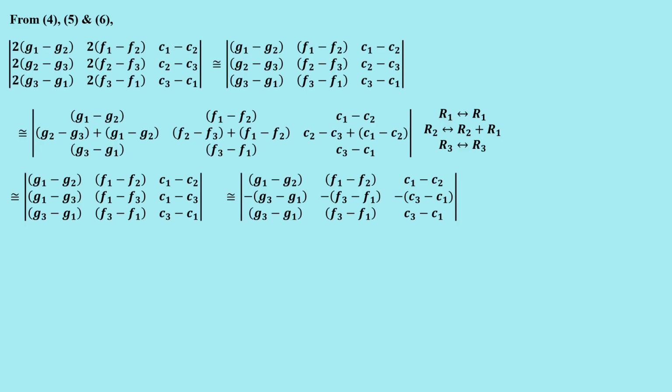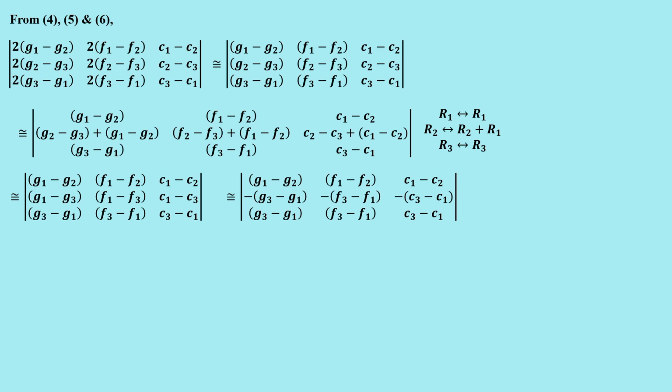The third row will be g3 minus g1, f3 minus f1, c3 minus c1. So the first row is as it is, g1 minus g2, f1 minus f2, c1 minus c2. Taking the minus outside from each term in the second row, or multiplying by minus 1, whatever it is, you will get g3 minus g1, f3 minus f1, c3 minus c1.